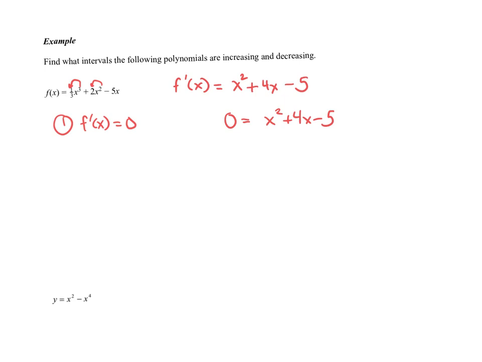This is a quadratic, so nothing crazy. I could factor it, get x plus 5, x minus 1. And so then if I solve those for 0, I get negative 5 and positive 1. So the derivative is 0 at negative 5 and positive 1.